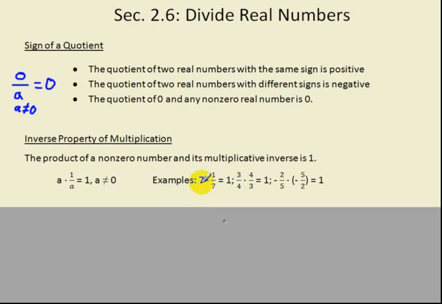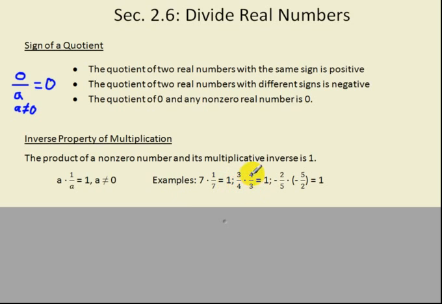So examples would be, if you start with 7, multiply times 1 over 7, so we're inverting this, putting it underneath a 1, that will give you 1. If you take 3/4, its multiplicative inverse is 4/3.